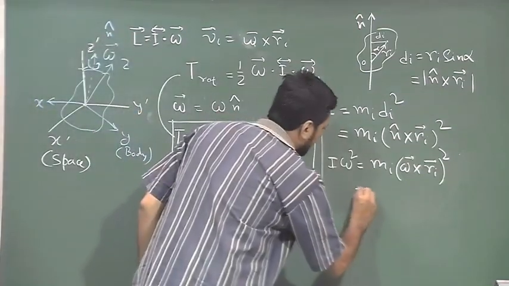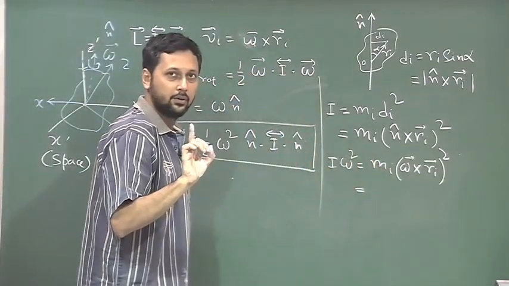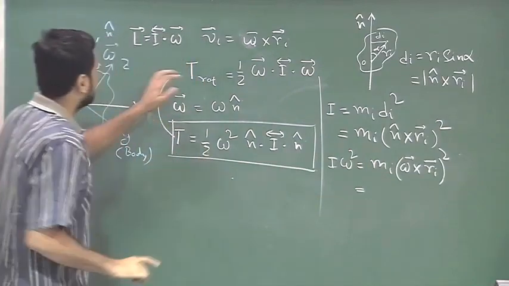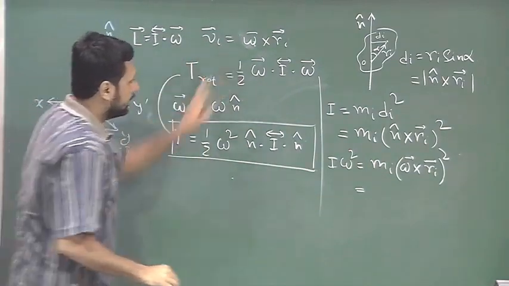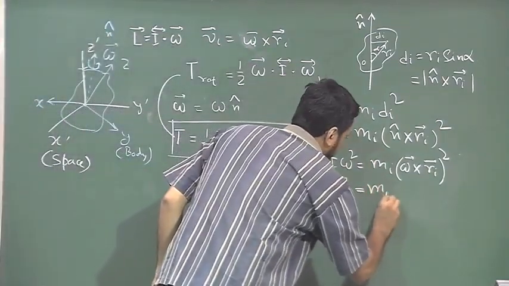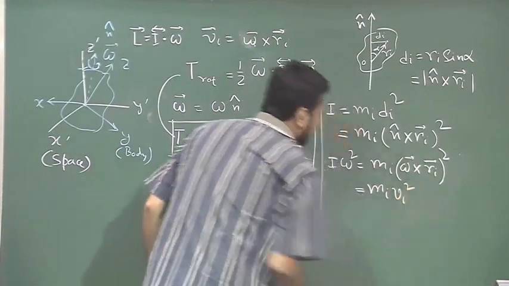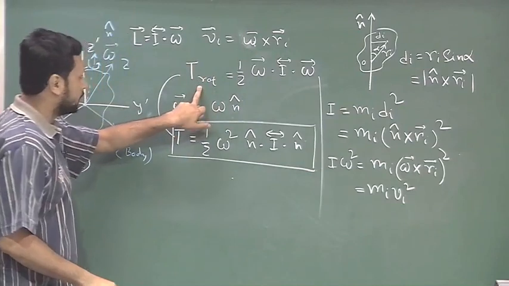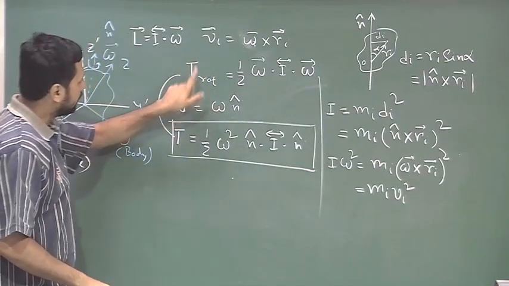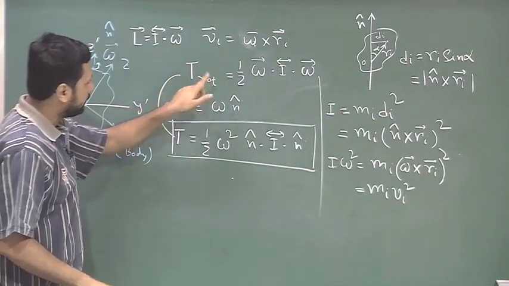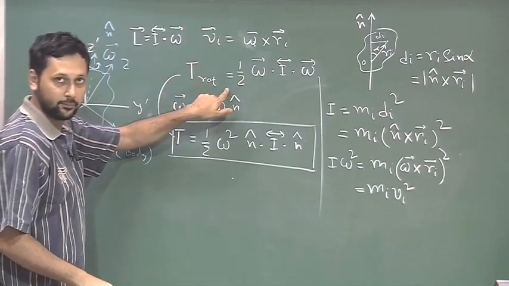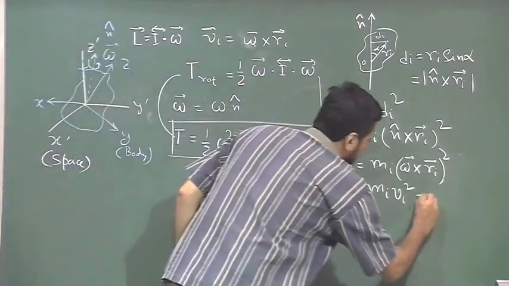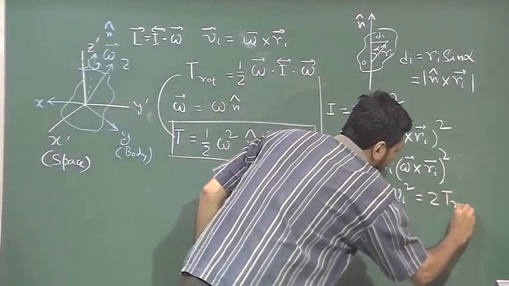Now, omega cross Ri is nothing but your Vi, right. So, that is another relation that we already have seen. So, this is your summation mi Vi square, which is nothing but, from the initial relation of T rot, what we have got, T rot was half summation over i mi vi square, right. So, this is nothing but your 2 T rot.